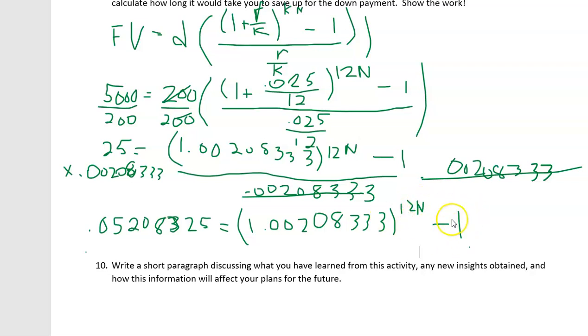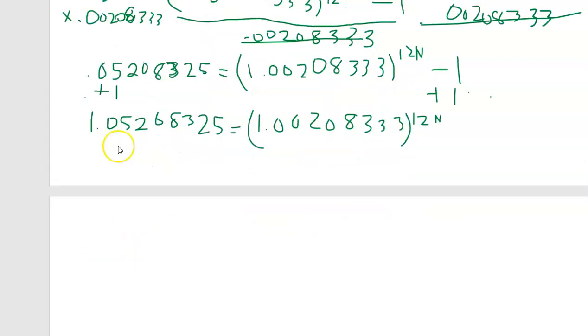All right, next, let's get rid of the minus 1. So we're going to add 1 to both sides. That gives me 1.05208325, and of course the 1's cancel. And now we're going to use our logs like we did in that previous problem.